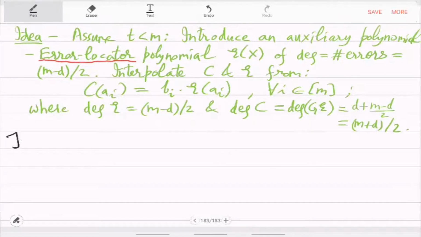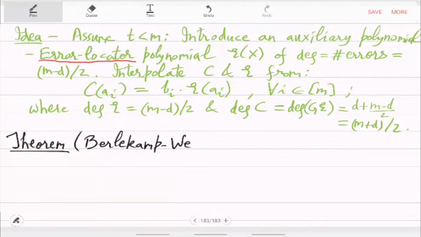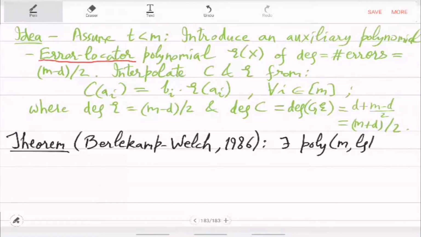Okay, so let's make it a theorem. So this is due to Berlekamp and Welch. They showed that there exists a polynomial time algorithm, polynomial in M and log of the field size. The field size you always assume bigger than M, which is bigger than N, right?